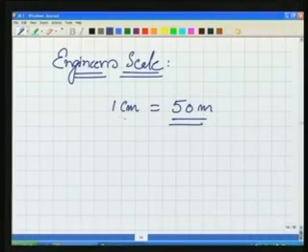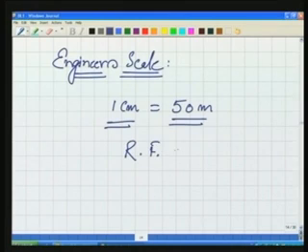Now, here in this case, again the meaning is 50 meter on the ground is equivalent to 1 centimeter here on the map. You can easily find the representative fraction for this, 1/n, and you must compute the value of n. How can you compute?